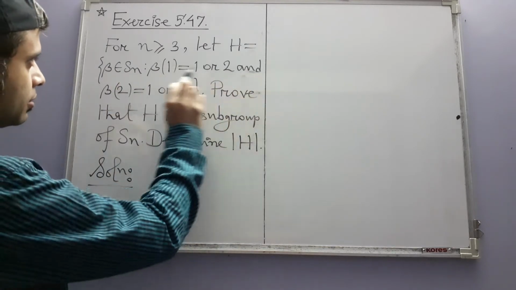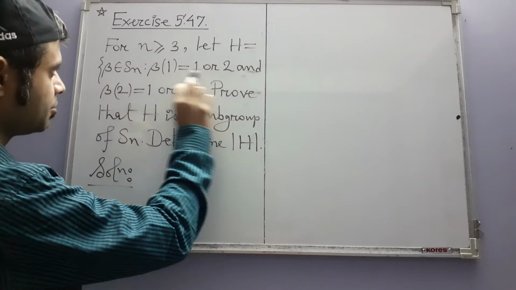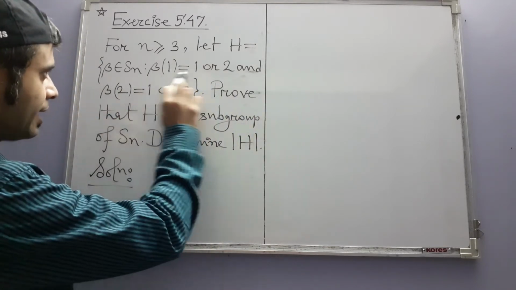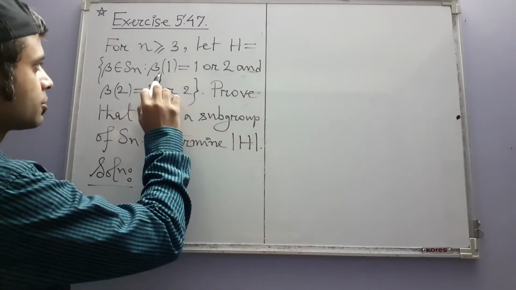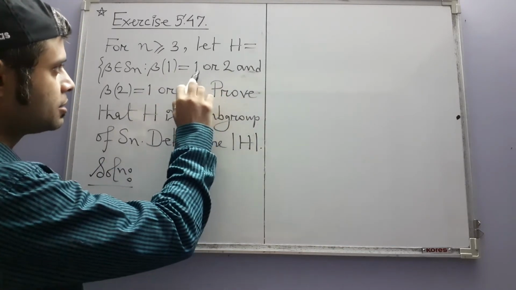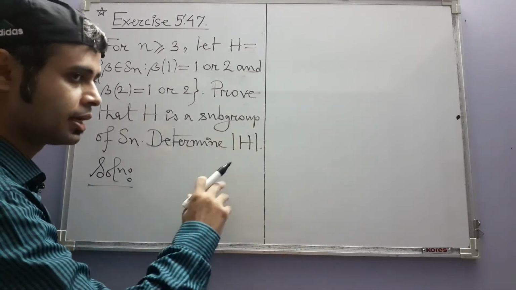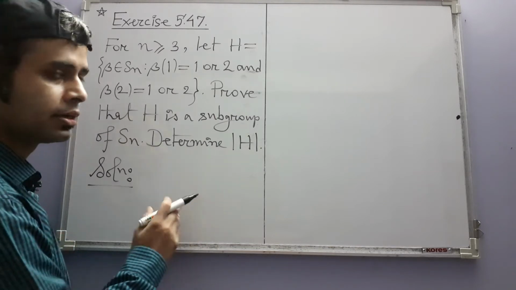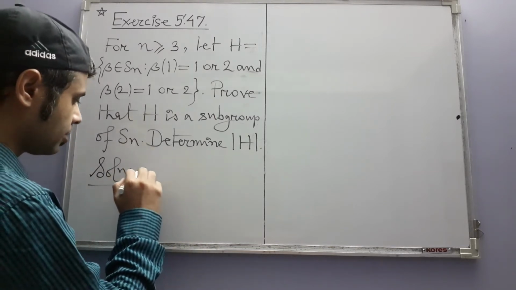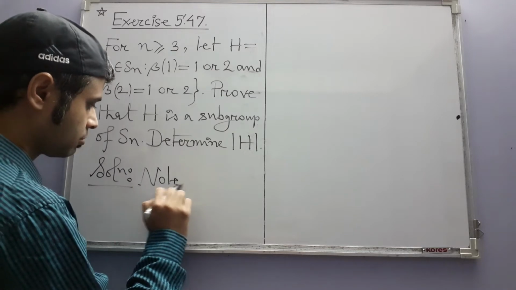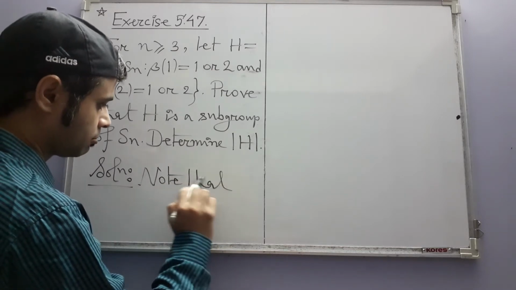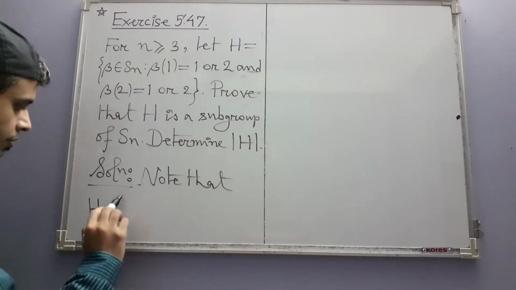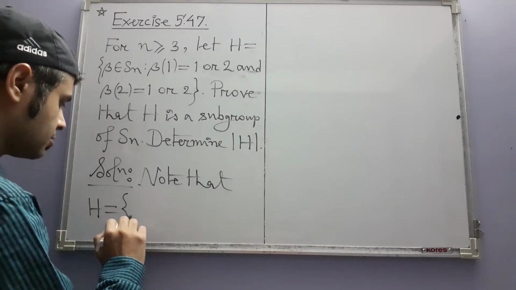It seems like the way this H has been defined, it has many conditions, right? So if we work with these conditions separately, there will be many cases. So let us see if we can compress things a little bit. Note that H can also be written like this.